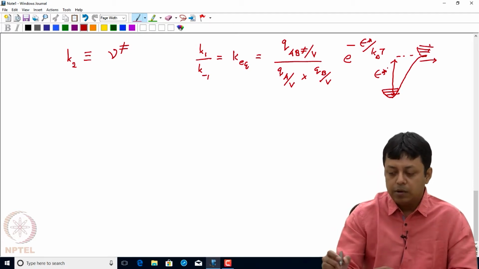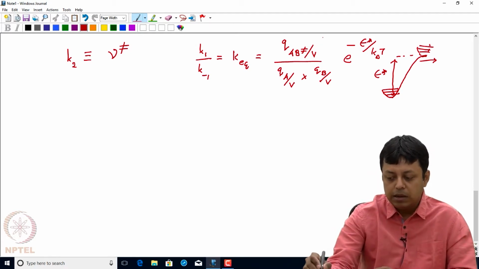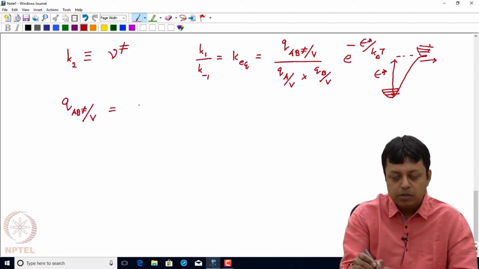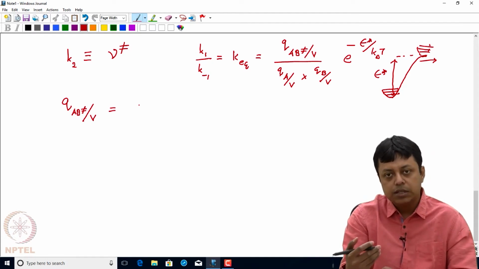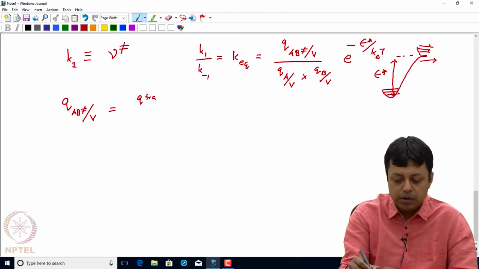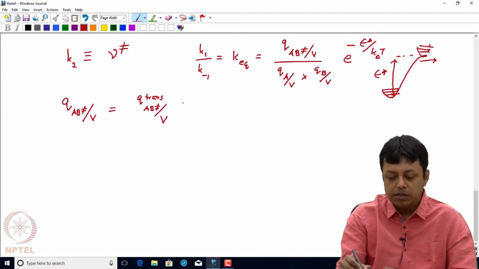Now think about it, among this Q, the partition function for the transition state, which we denote as Q dagger by V, it contains translation, rotation, vibration as well as electronic partition functions. Now we can write it as Q translation of the AB dagger. Usually we associate the volume with Q translation.